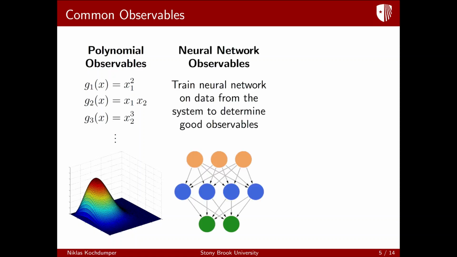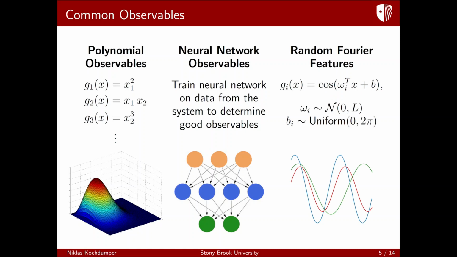Of course, also neural networks have been used for that. So neural networks are great to learn arbitrary nonlinear functions. So they are of course also great to learn this nonlinear transformation that is required to obtain this linearizing Koopman space. And the third very popular method are random Fourier features, which are basically trigonometric transformations of the state, where the frequency and the shift are randomly drawn from certain distributions.